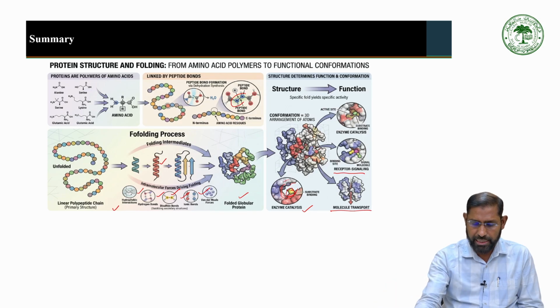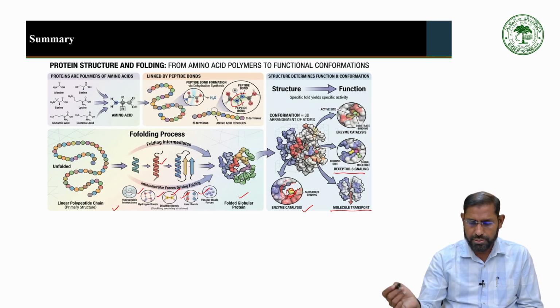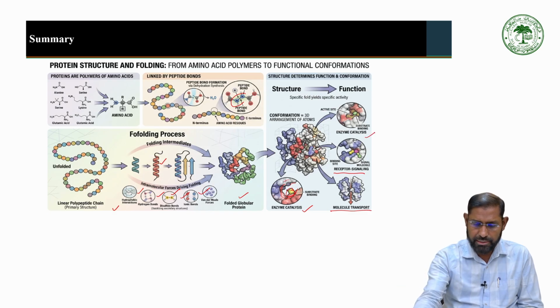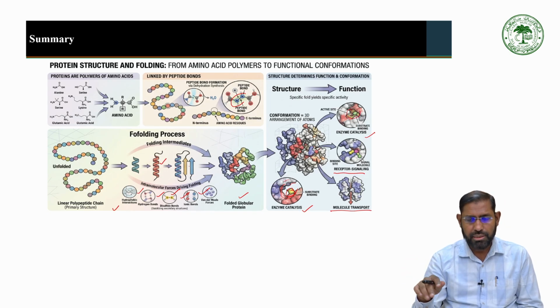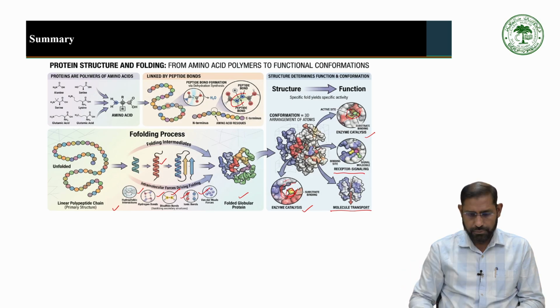This is a binding site, and this is a signal molecule. Then also enzyme catalysis: this is a substrate, this is the binding region, and this is the active site, which is very specific and has loops and so on. So these are the functions of folded globular proteins for different activities of life.